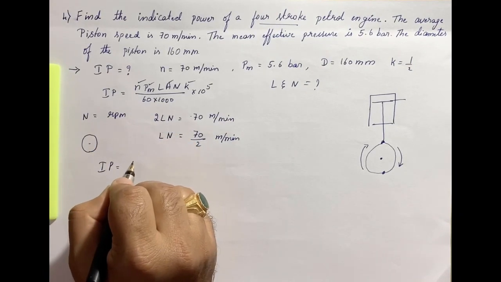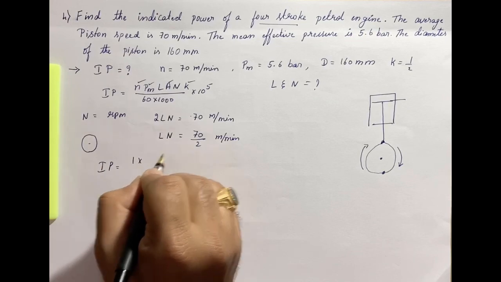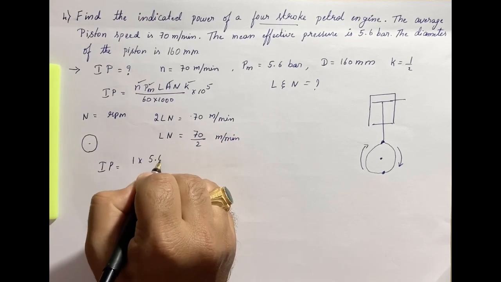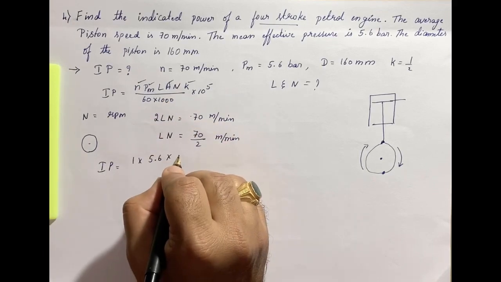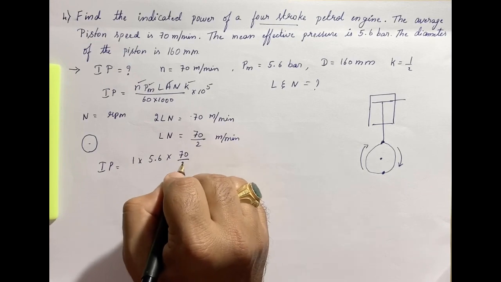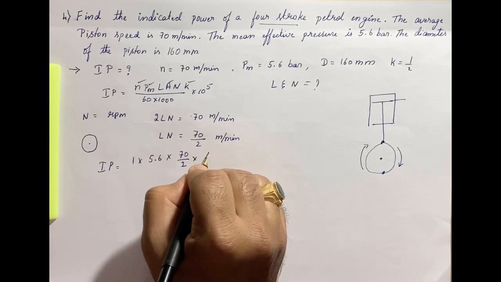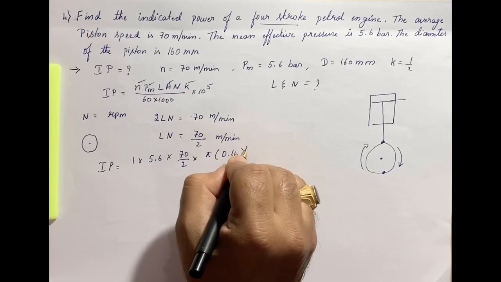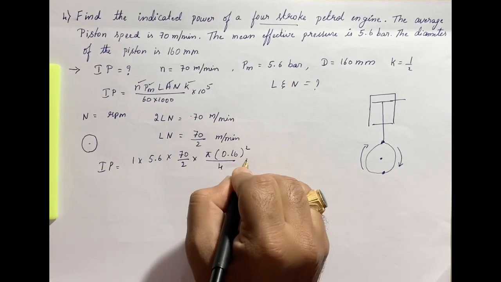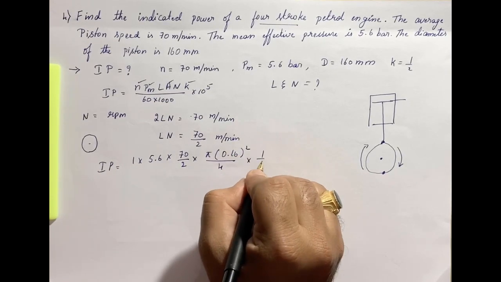IP here is N is 1 into PM is 5.6 bar into L and N, instead of L and N I'll substitute 70 divided by 2, into area pi into 0.16 square divided by 4, into K is half here.